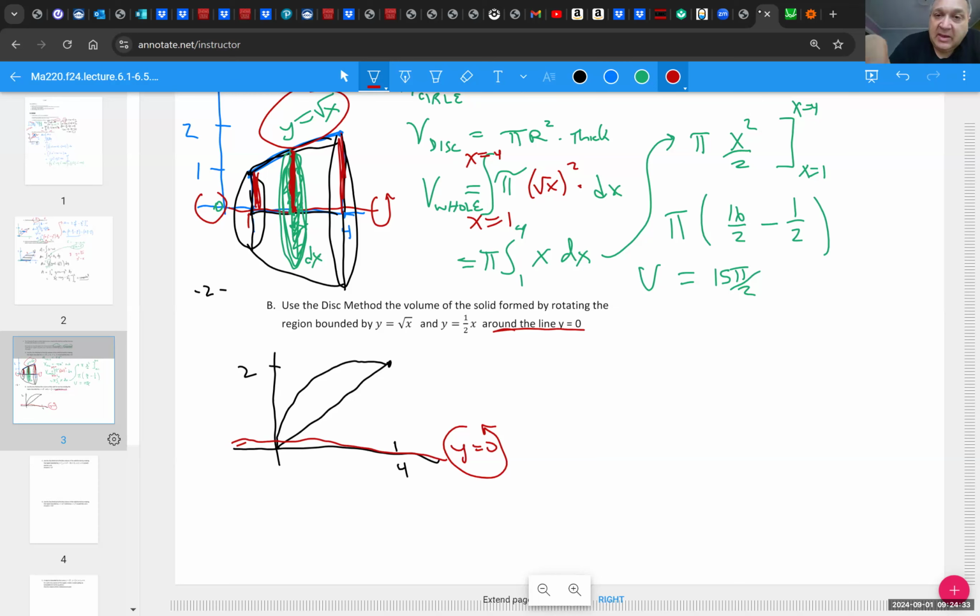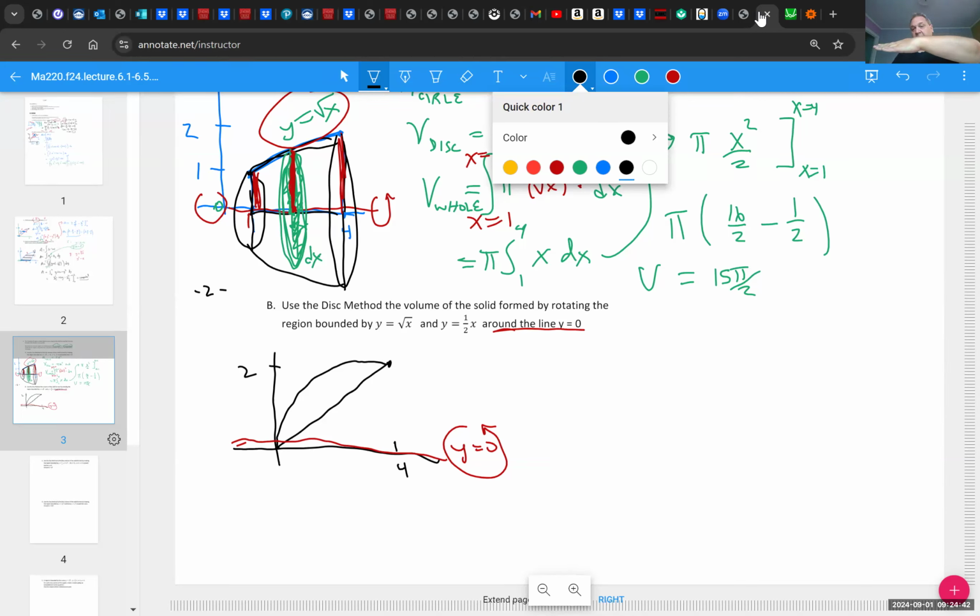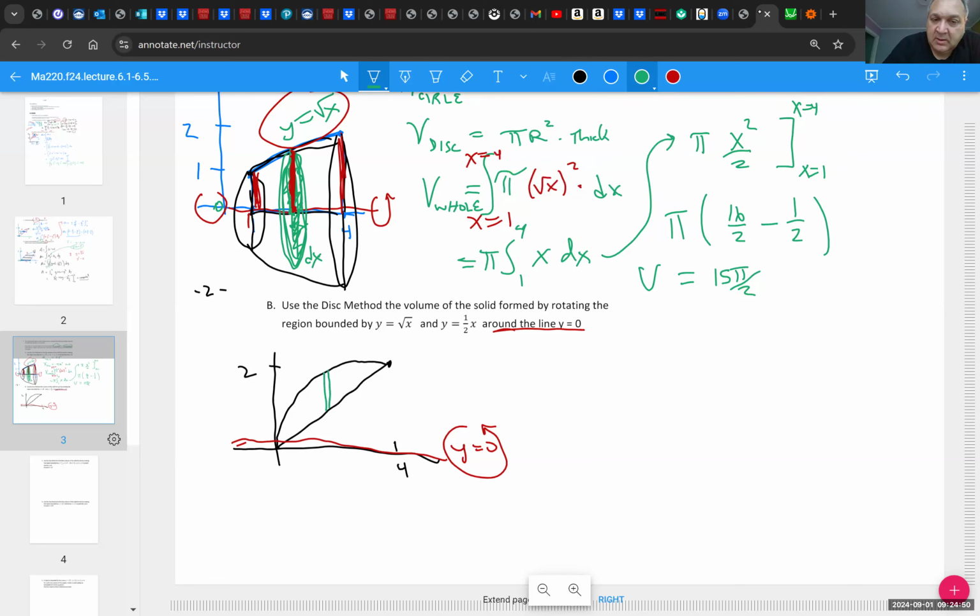So we're going to take a slice of our region, which is perpendicular to this axis of revolution. Our axis of revolution is horizontal, which means our rectangle has to be vertical. So once again, we're going to make a vertical slice. All these vertical slices go between these two functions, everything in between, all the way up to the right.